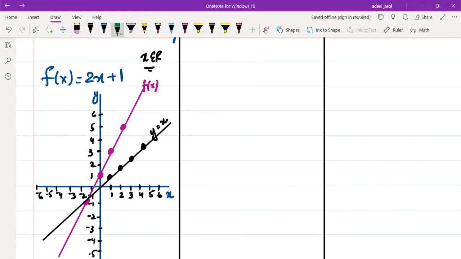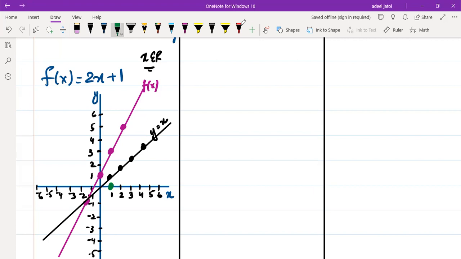If this is 0 and 1, the coordinate (0, 1) will be reflected to (1, 0), because (0, 1) will be (1, 0). So the point will come here. (1, 3) will become (3, 1). (2, 5) will become (5, 2).